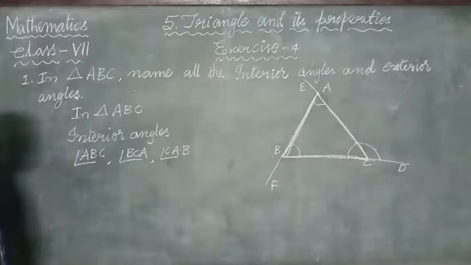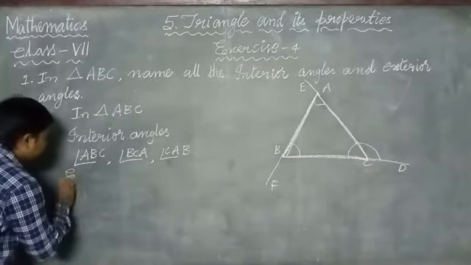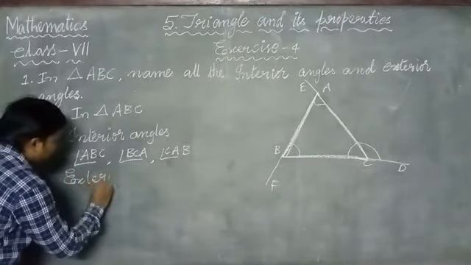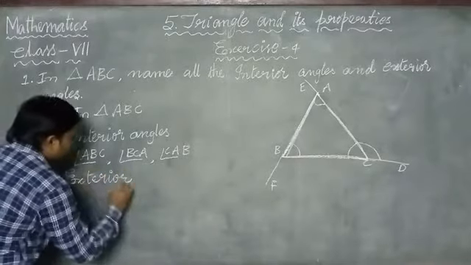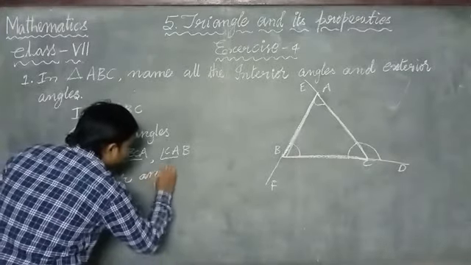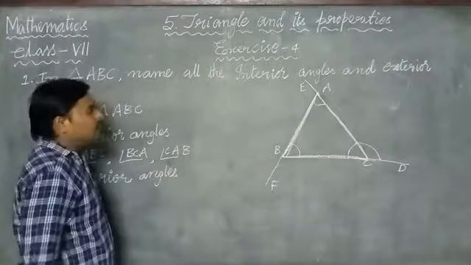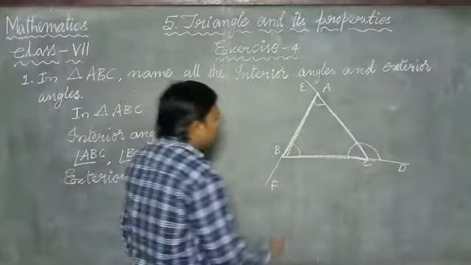Okay, now let us write the exterior angles. Exterior angles of the triangle ABC are here.